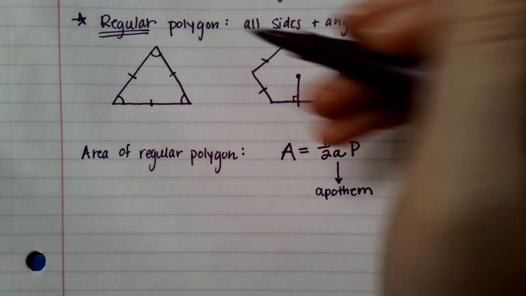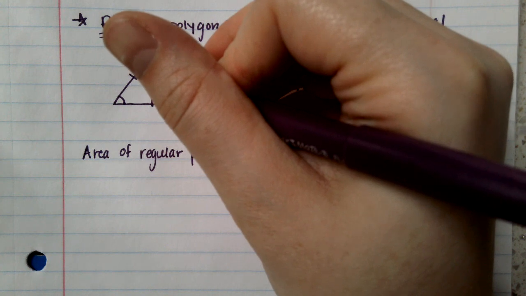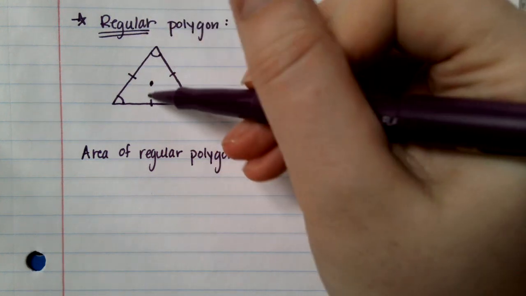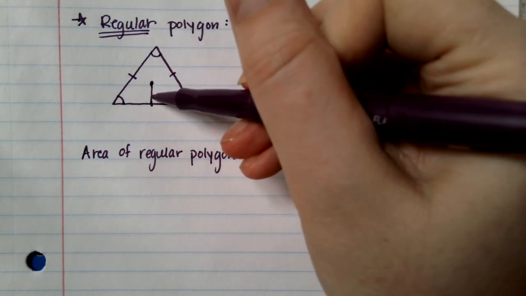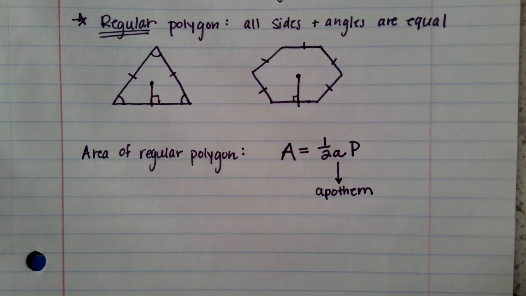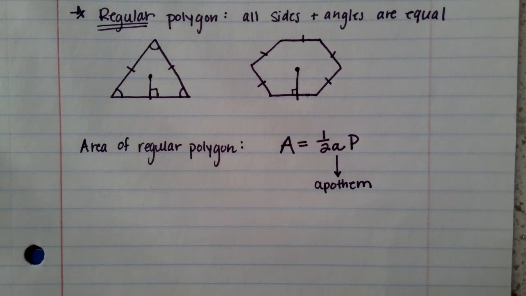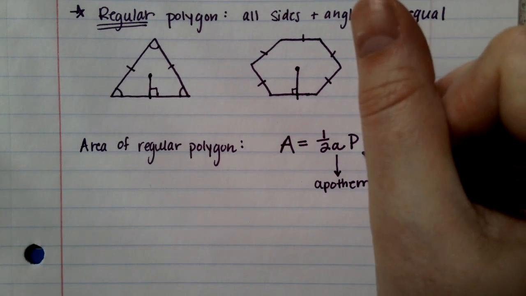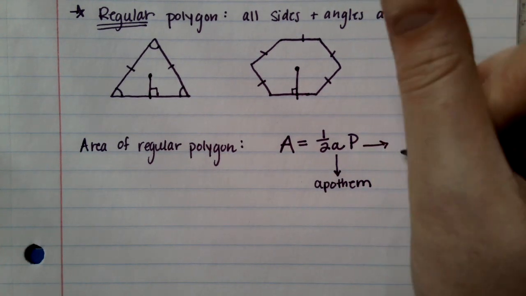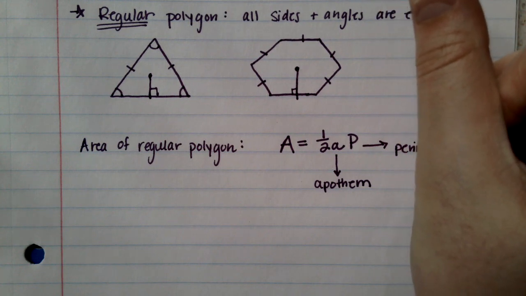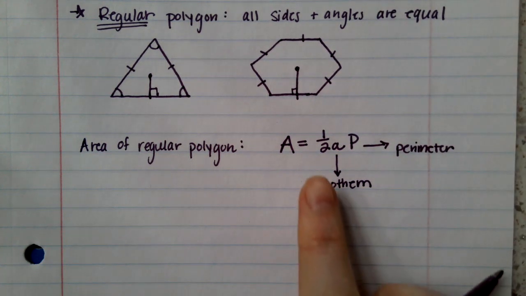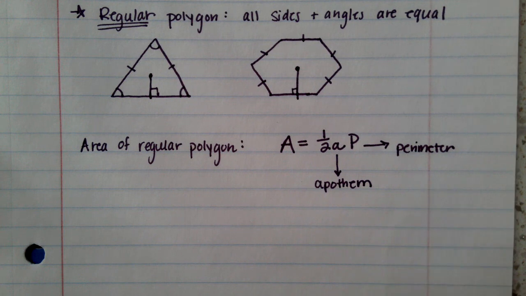So that would be the apothem. Over here, very center, down to any of the sides, but it's most commonly down to the bottom. That would be the apothem. And then P stands for perimeter. So 1/2 of the apothem times the perimeter.